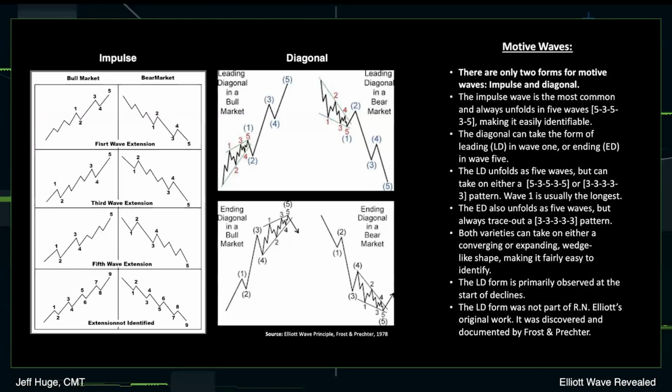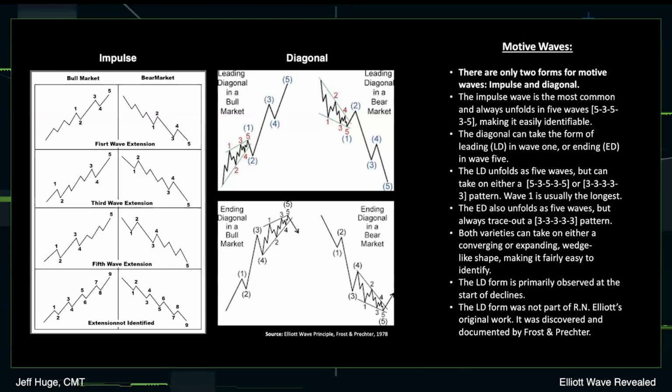And then also in reverse, the same can be true. In other words, you can have a leading diagonal in a bear market extending down. Now, these can also form reverse wedges. The pattern can trace out the opposite view, where rather than converging, they expand apart. And we'll get into the nuances of that in future episodes.